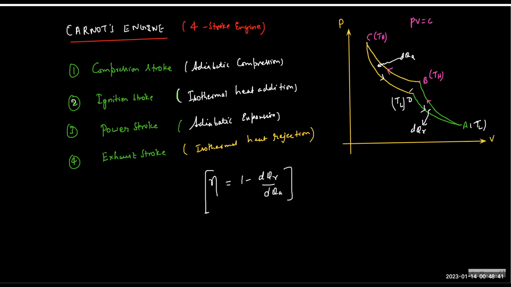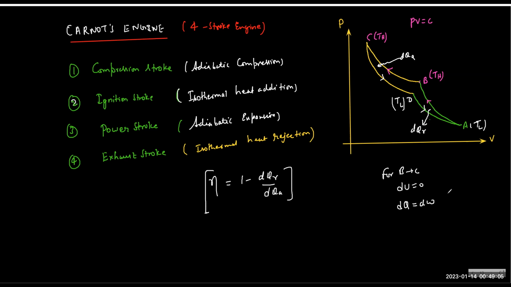You can find dQA from B to C. Isothermal process means dU is 0, right? So for B to C, dU is 0, guys. Yes or no? Yes, sir. And therefore dQ is the same as dW.